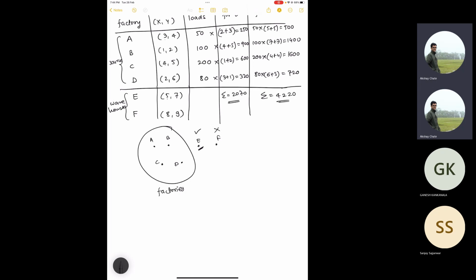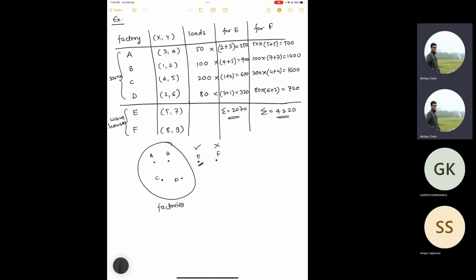So for this warehouse E, the total load was 50 plus 100 plus 200 plus 80, right? So it is around 420 units. If your warehouse has 420 units of capacity, you will accept the goods from all four factories, right? Because that will maximize the utilization of your warehouse, no?